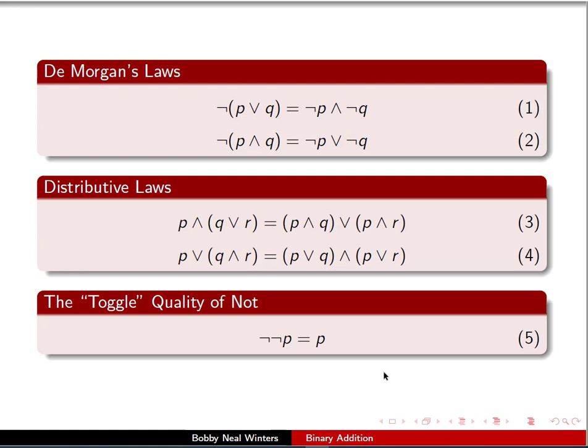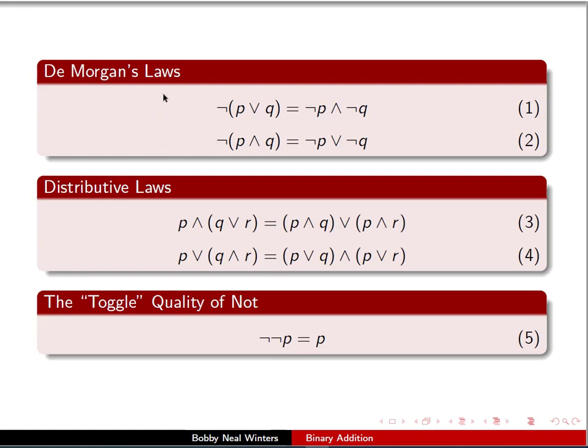On these slides, what I've put down are some standard formulas. The first block is De Morgan's laws. The second block are the distributive laws. And the third block is what I call the toggle quality of not. You can pause this if you want to and copy these down, because we will refer back to them a little bit later.